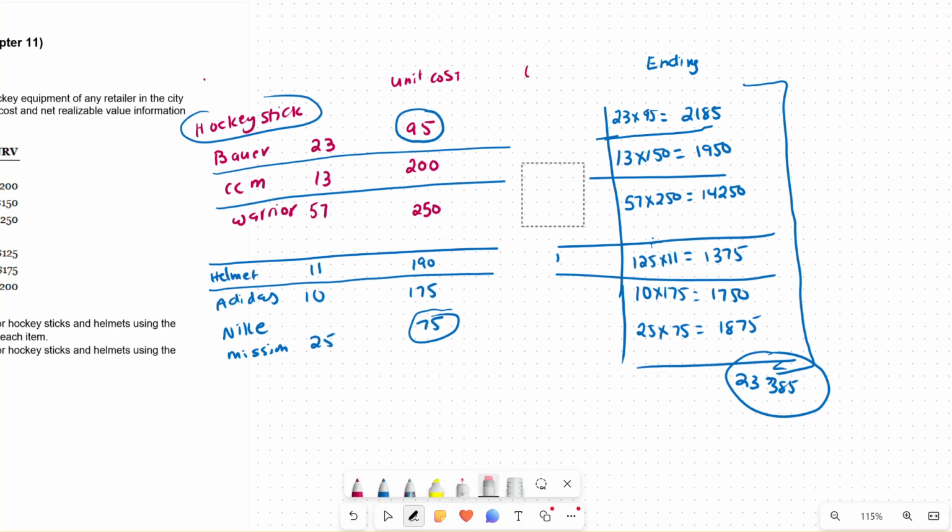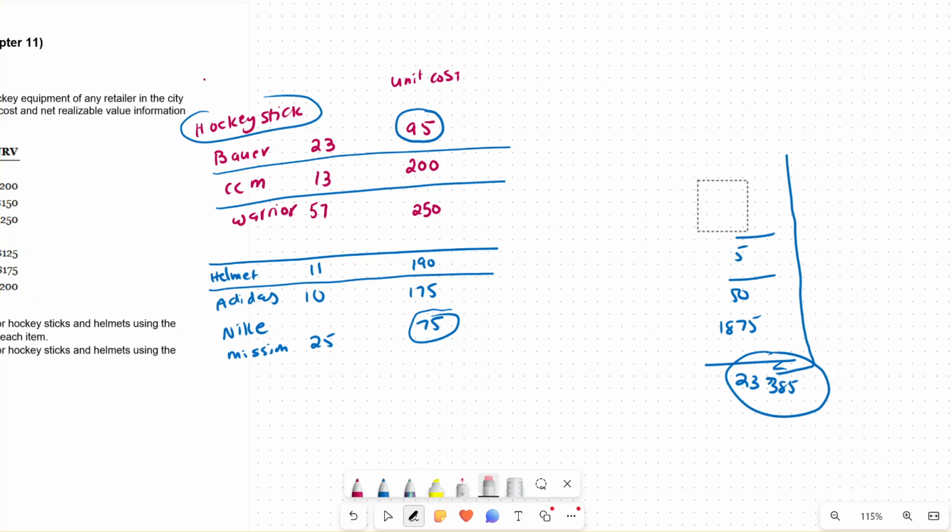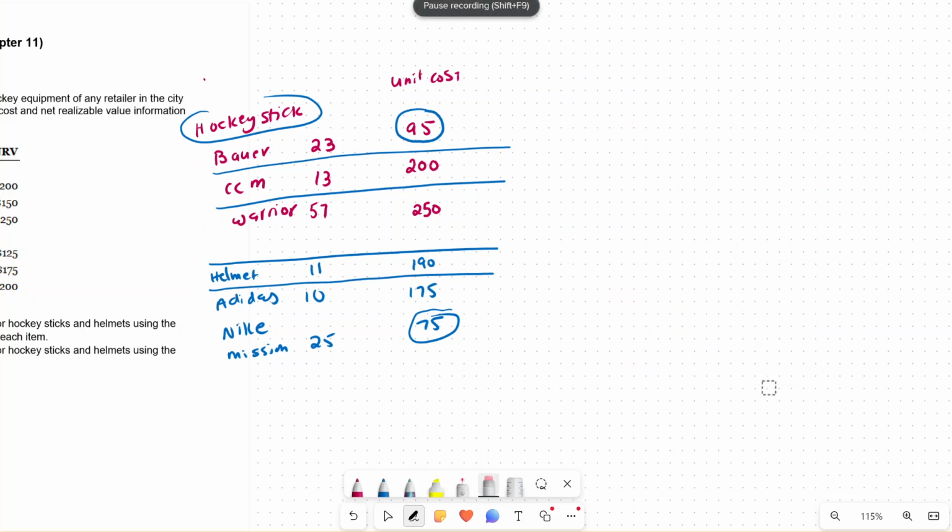What I'm going to do is delete everything that I needed for the net realizable value. So now we are just doing the historical cost.